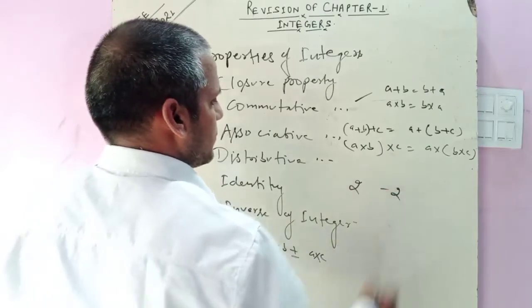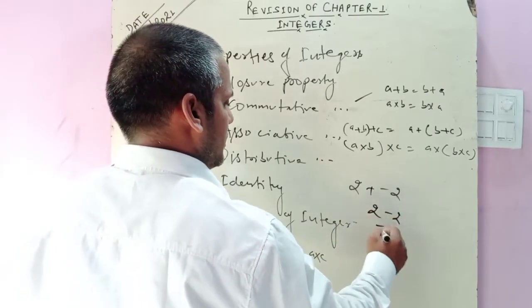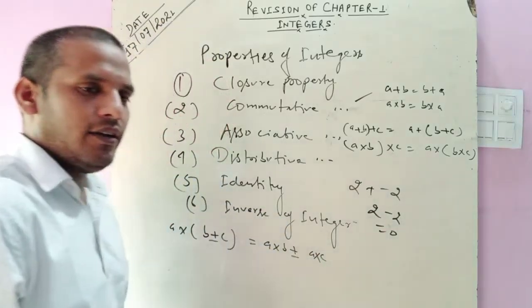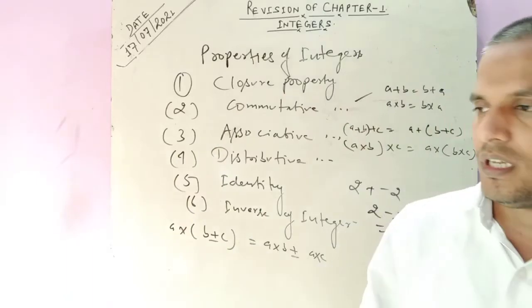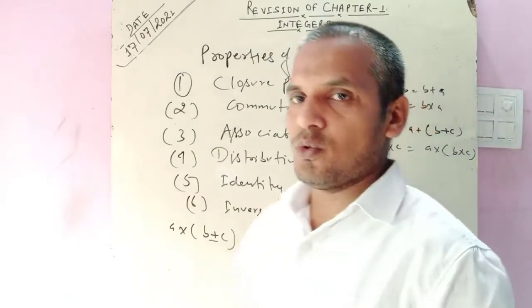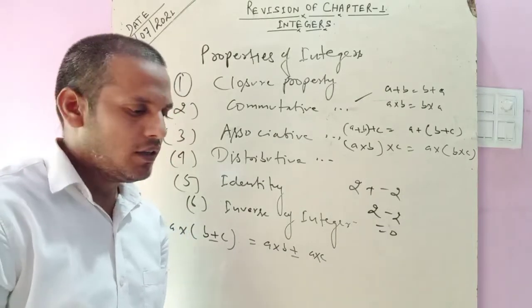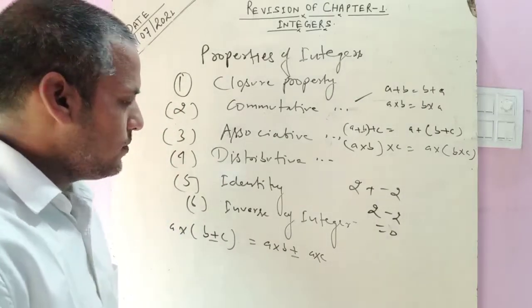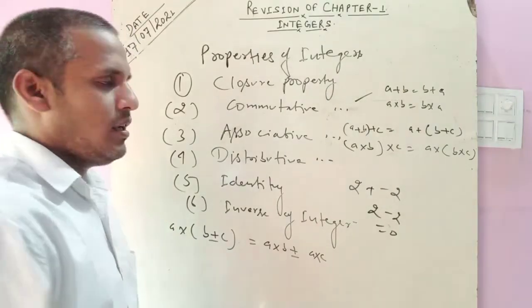It will be minus 2. If we add plus 2 and minus 2, it is 0. If we add any two integers and the result is 0, we can say these are the inverses of each other. Okay, let us start some other problems on integers.